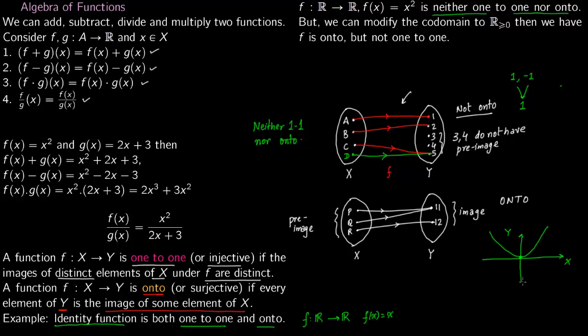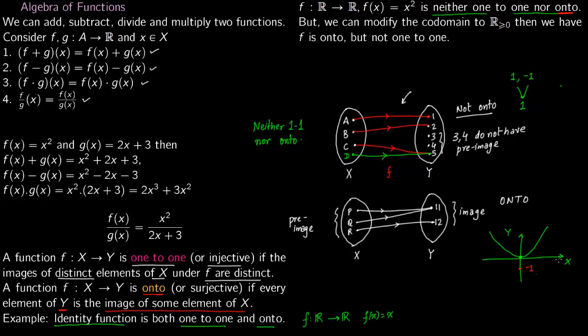So this y-axis is the codomain or the range. So in the range you have members like minus 1. So this minus 1 has no pre-image in X. So there is nothing in this entire x-axis which gets mapped to minus 1. So this minus 1 does not have a pre-image. So it is not onto.